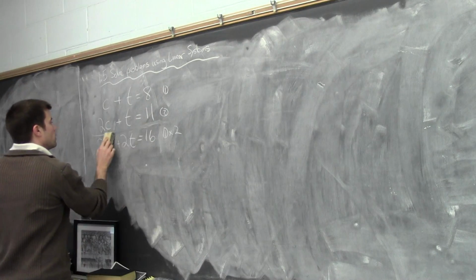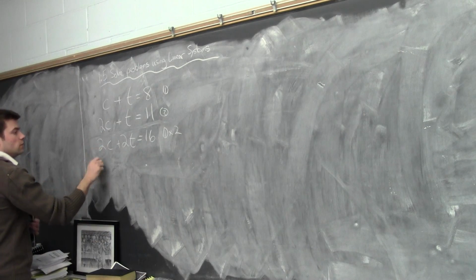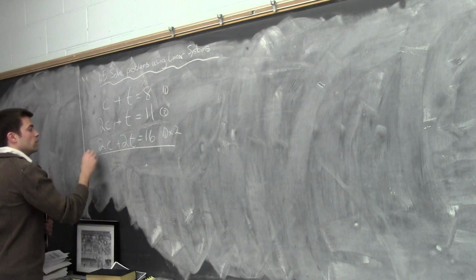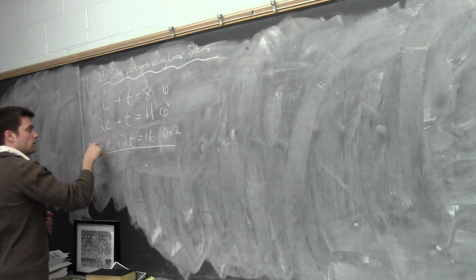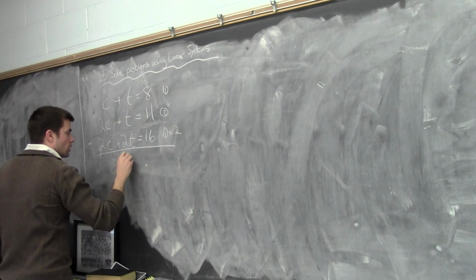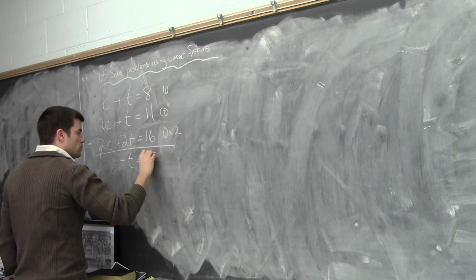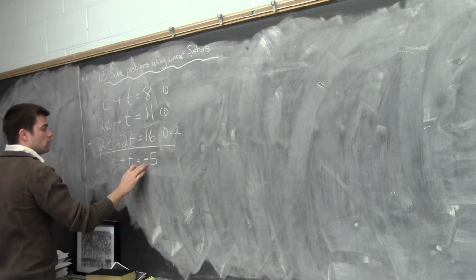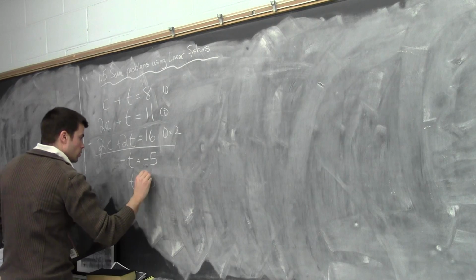I'll leave that blank here. So now we have them lined up. We have 2C and 2C. So now we're going to subtract these two. So 2C minus 2C, these go away. T minus 2T, so we'll have minus T is equal to minus 5. So then we have T is equal to 5.